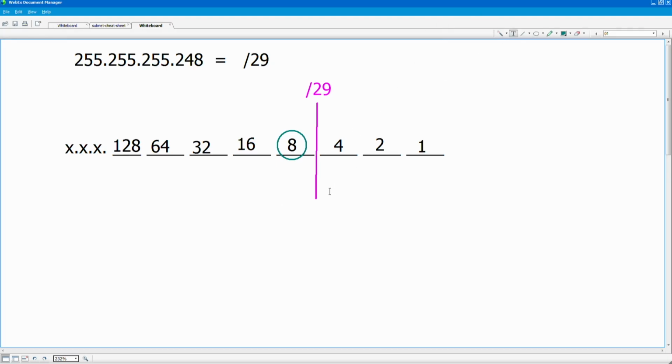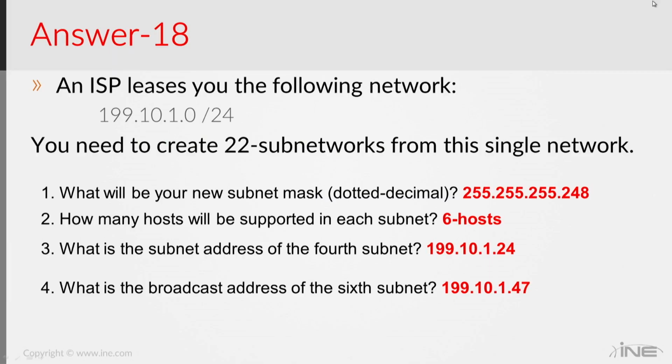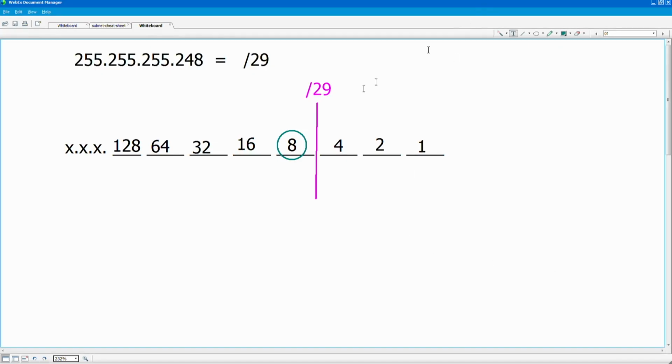So my first network, the original starting network was 199.10.1, and I can't change that. So the first network is going to be .0, that's my first subnet. And now my next one in multiples of 8 is going to be that.